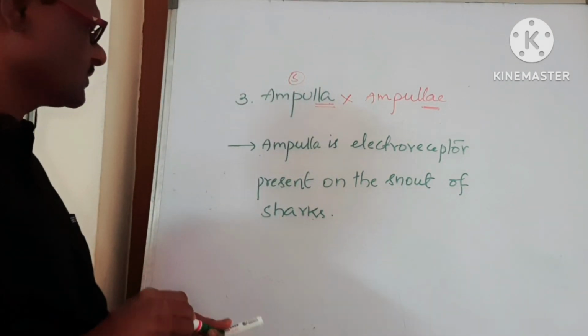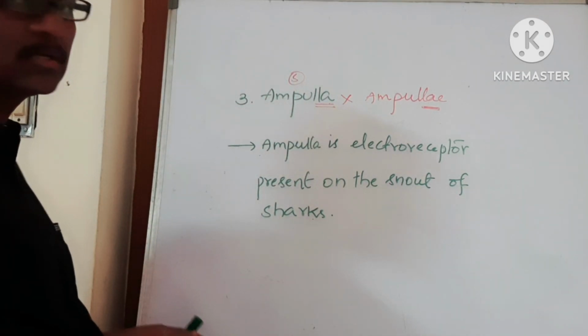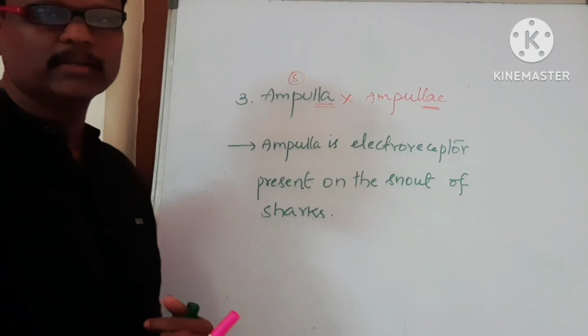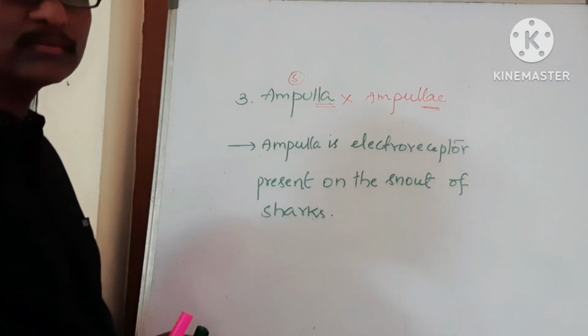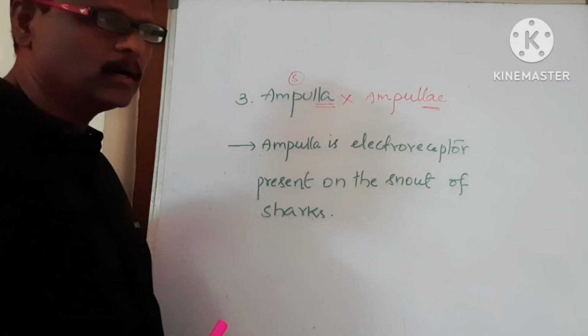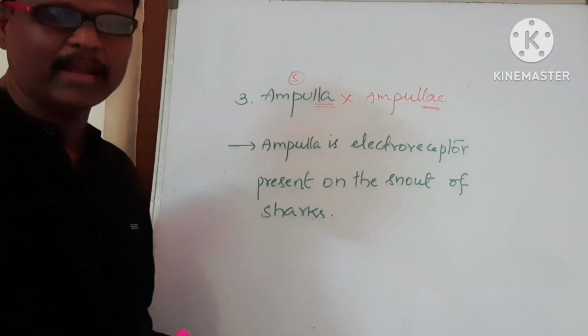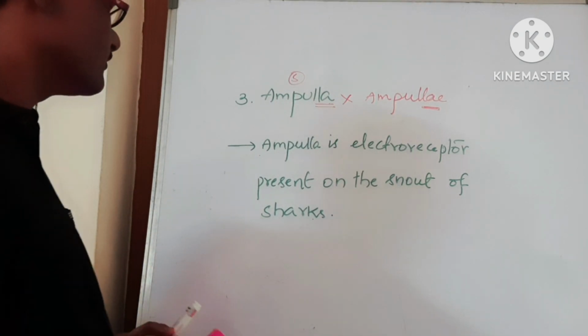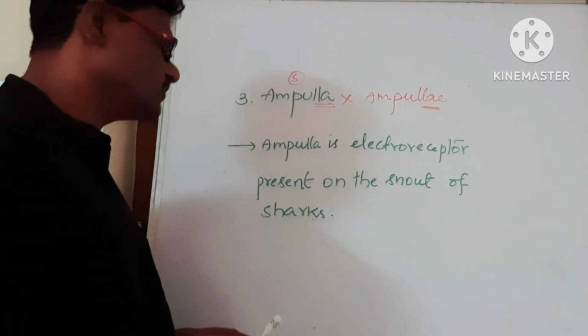So do you know the scientific name of shark? Say Scoliodon. Yes, they come under the class Chondrichthyes. They are cartilaginous fishes. Their body is covered with placoid scales, and the endoskeleton is made up of cartilage.